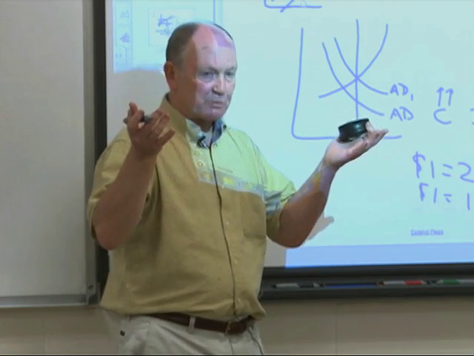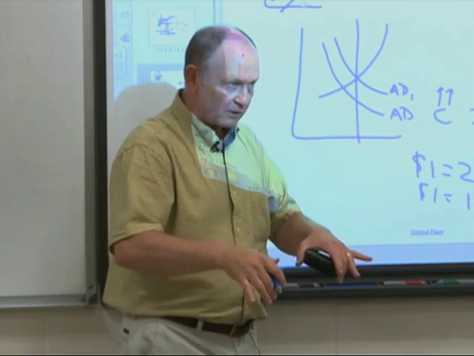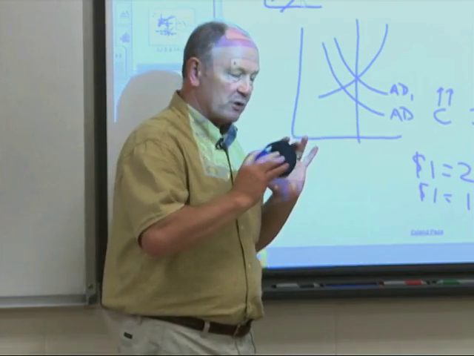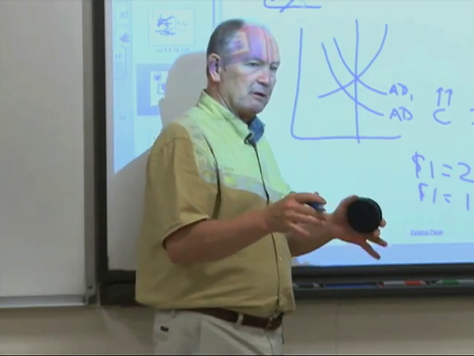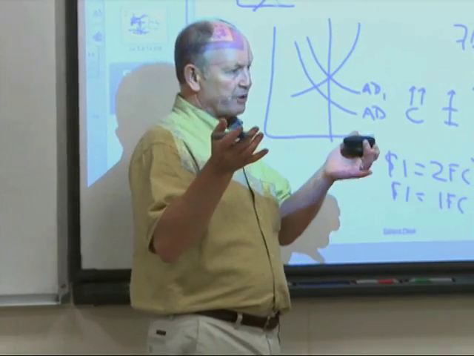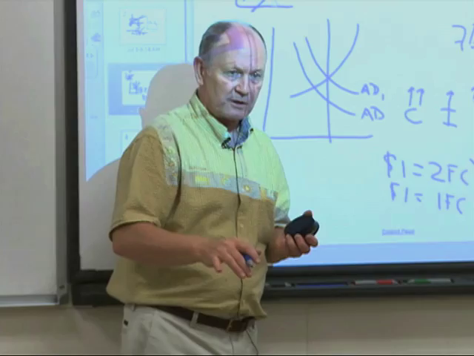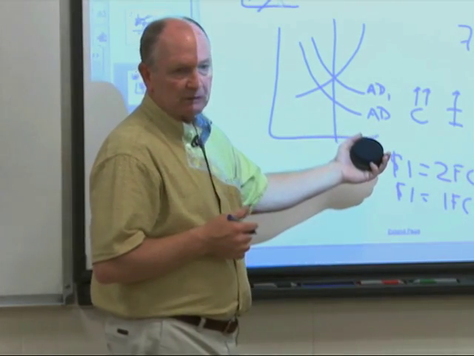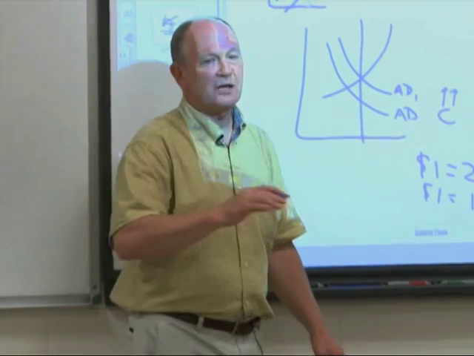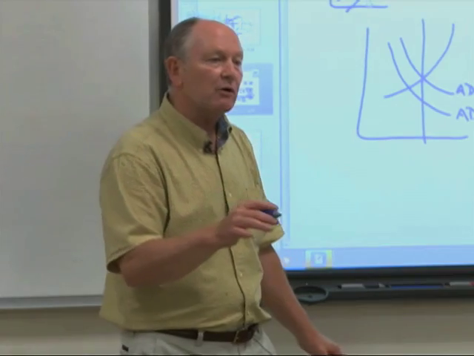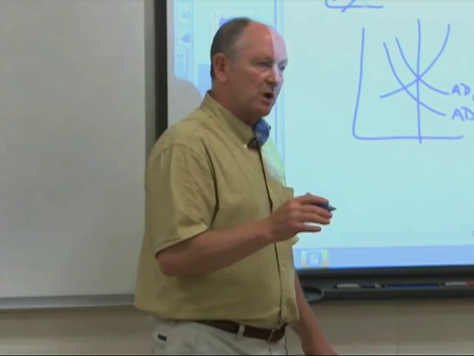Exports become more expensive and fall, okay? So while the government is trying to expand the economy by borrowing and spending more money, they cause interest rates to go up and exports to fall. That doesn't happen here, right? In fact, we don't get any of the offsets, any of the crowding out effect that you get with fiscal policy.